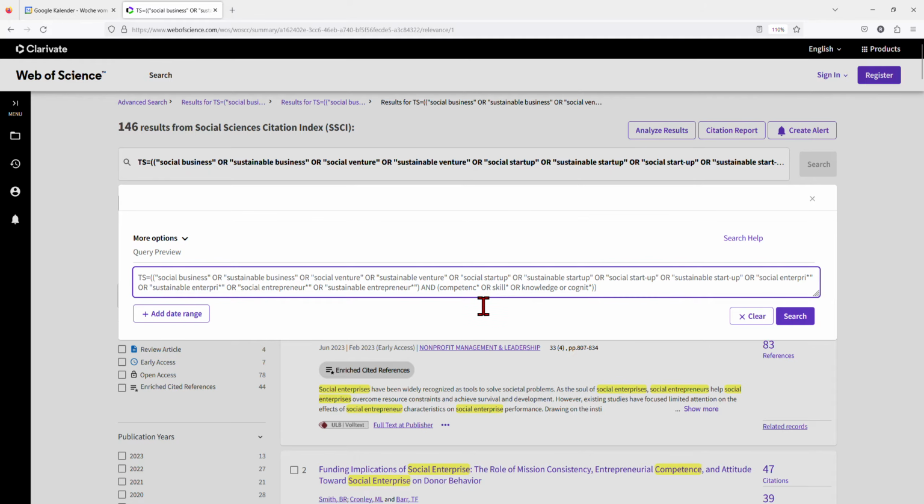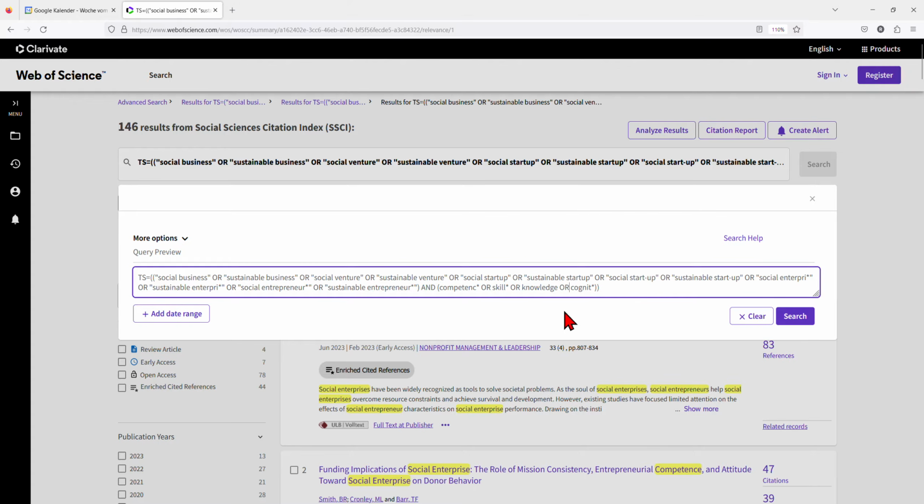But then again, that's not all, because there might be other synonyms here. So not only competencies, but here I just copy and pasted another search term. For example, skills, knowledge, cognition, or cognitive constructs. That's all related to this area of cognition and so on. And you see that in this bracket here now I have all the keywords related to, well, basically competence and skill. I combine them with the OR here.